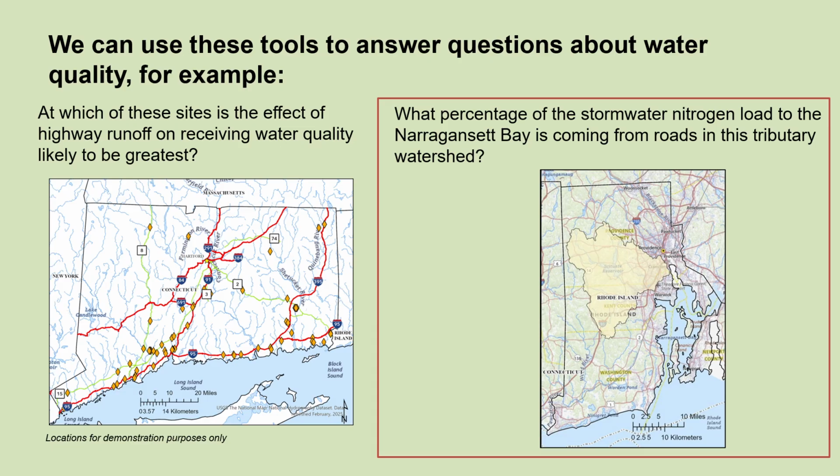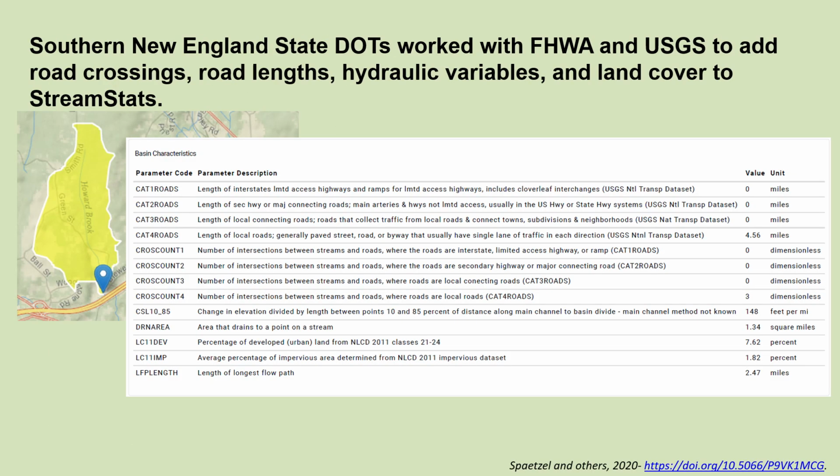So for this example, we're looking at a basin in Rhode Island, and we're going to start again by going to StreamStats and getting information about our basins of interest that we want to have SELDM simulations for.